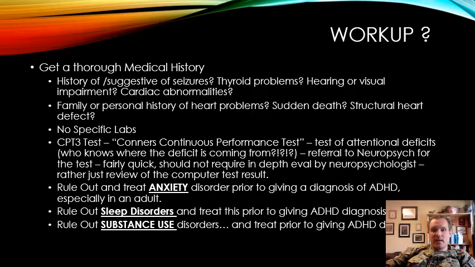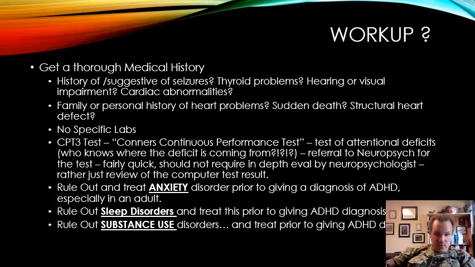If you find that the history is suggestive of ADHD based off the patient's report, and the collateral history from the family is suggestive but not conclusive, you can do something called a Conners Continuous Performance Test. It's a neuropsychological test that you would refer the patient to go get.